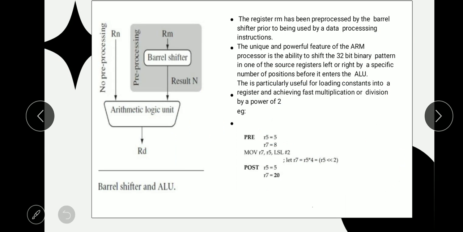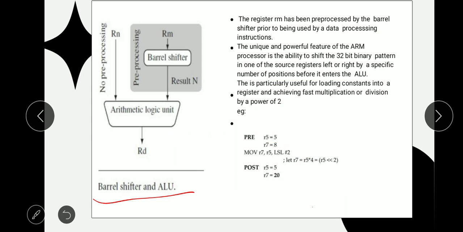This depicts how barrel shifter works along with the ALU. The register Rm that has been pre-processed by the barrel shifter prior to being used by the data processing instruction. Data processing instructions are processed within an ALU.